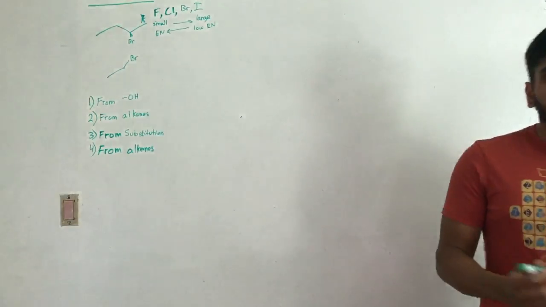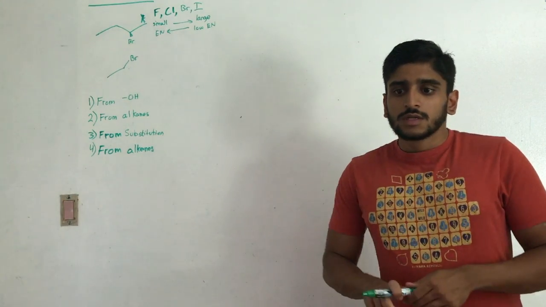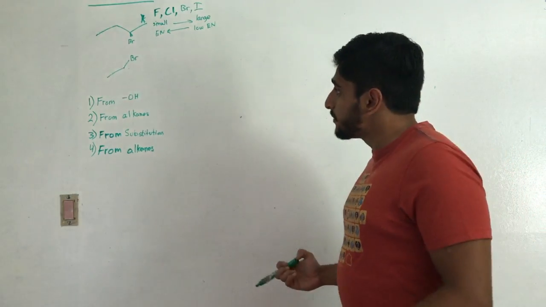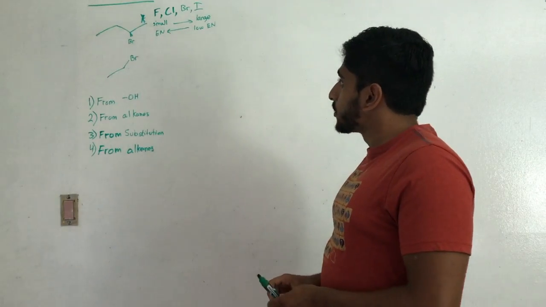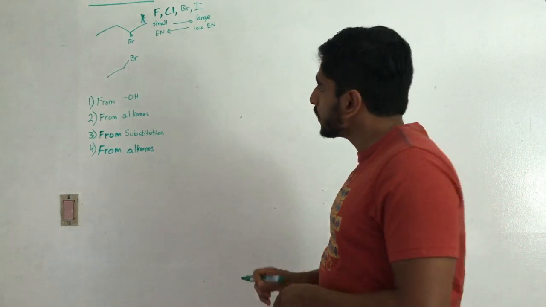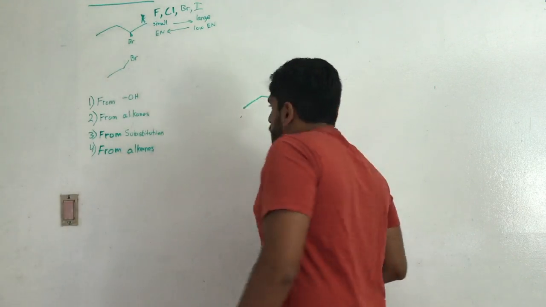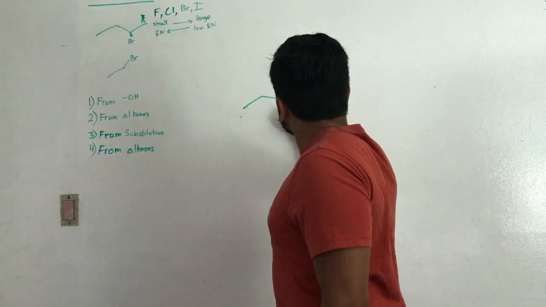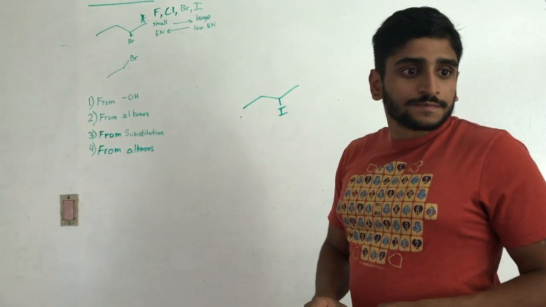So, making a haloalkane from substitution. This reaction is essentially the same as making a haloalkane from an alcohol, because all you're doing is substituting one halogen atom for another. This reaction is going to come with its own special set of rules, which I'll go over in a little bit.